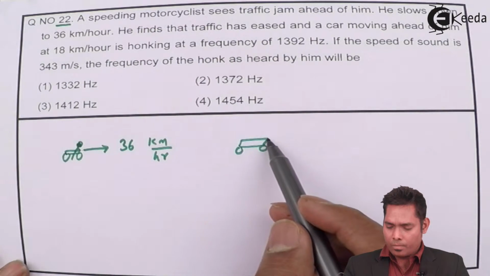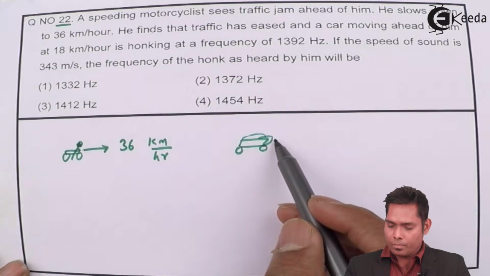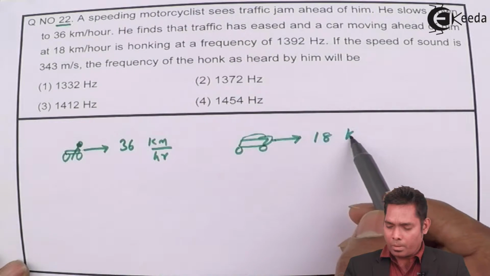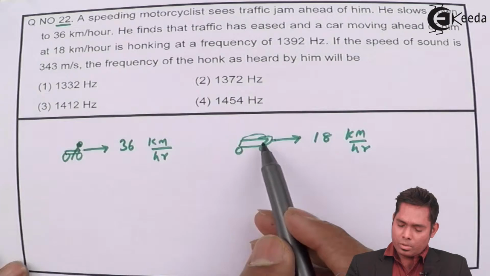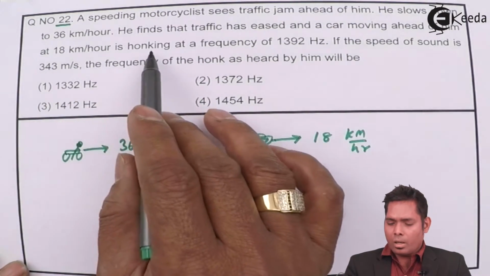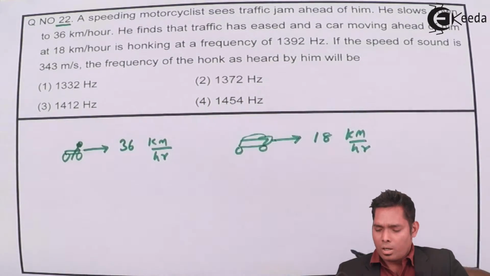which is moving with 18 km per hour, ahead of him. The car is honking at a frequency of 1392 Hz.